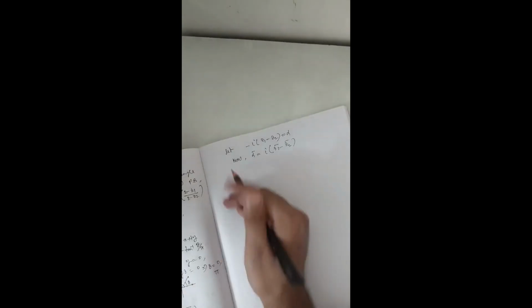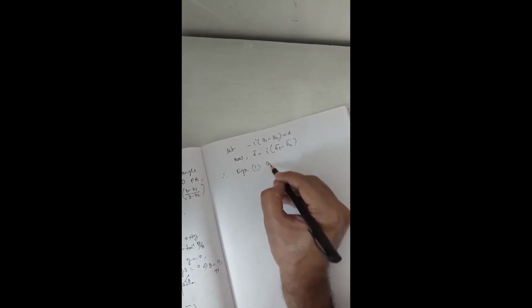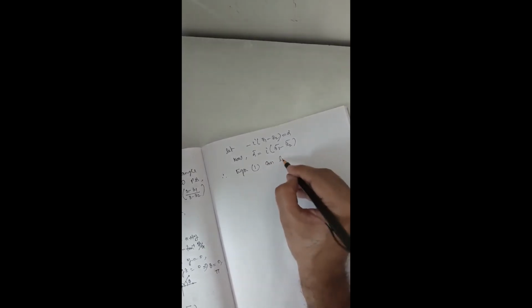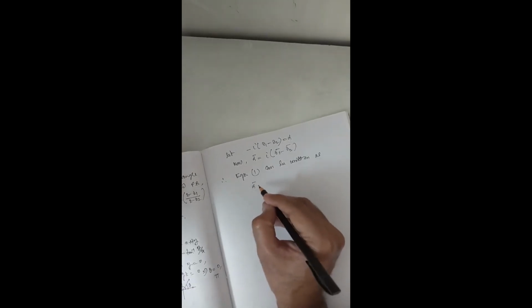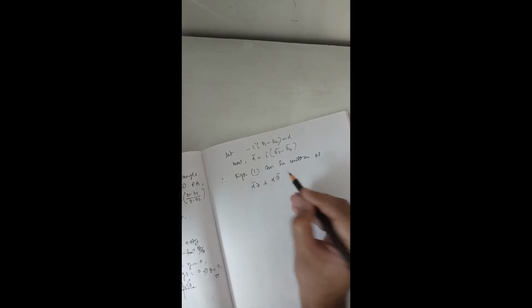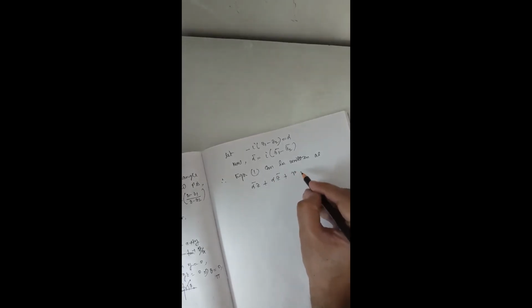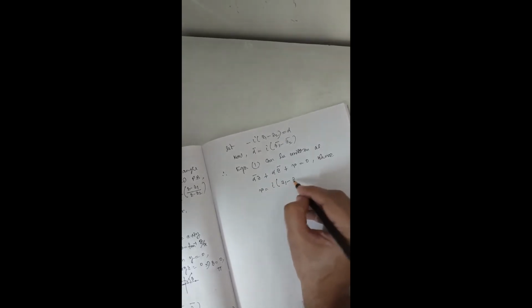Therefore, equation 1 can alternately be written as alpha bar z plus alpha z bar plus r equals 0, where r equals i into (z1 z2 bar minus z2 z1 bar).